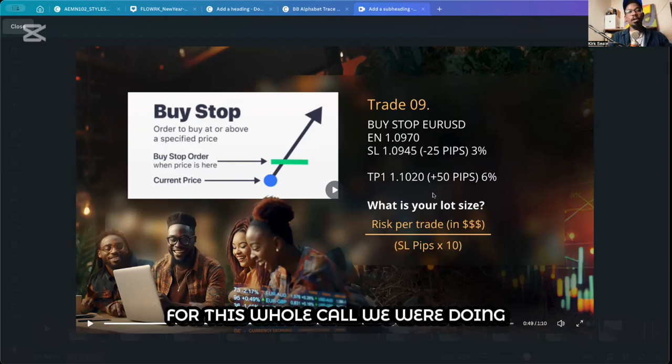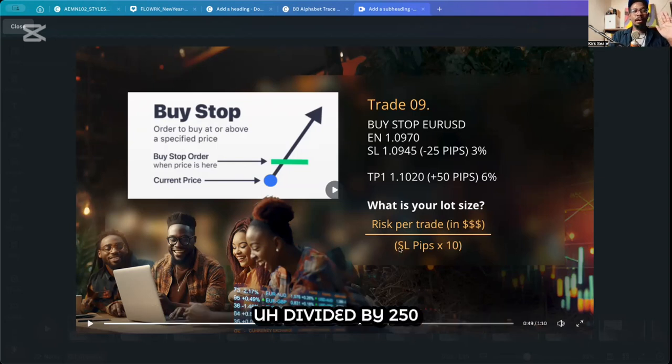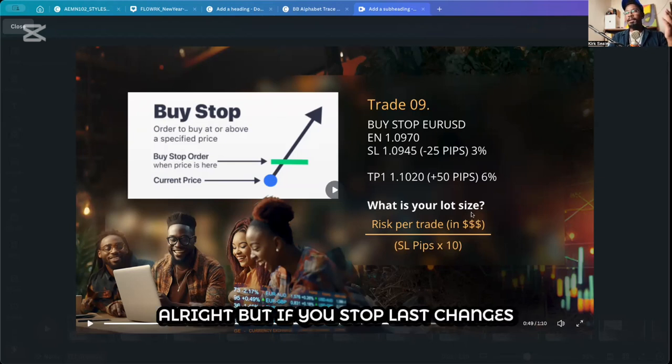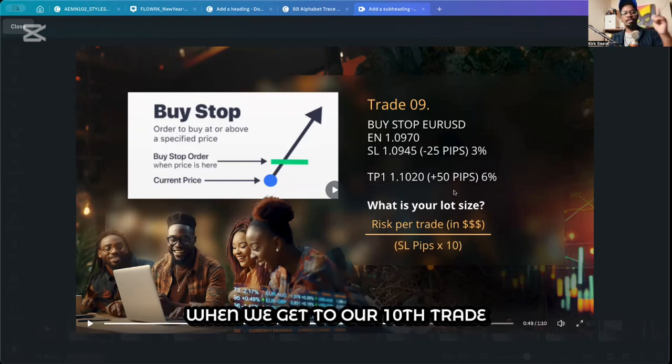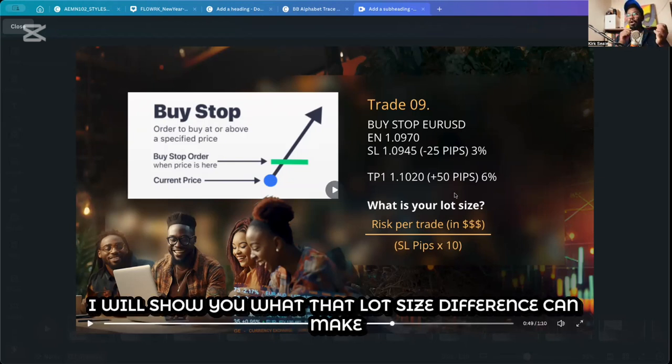For this whole call, we were doing divided by 250. But if the stop loss changes, your lot size is going to change. When we get to our 10th trade, I will show you what that lot size difference can make.